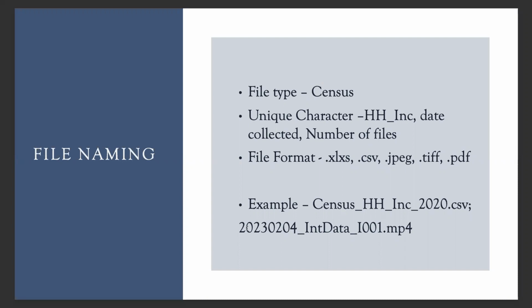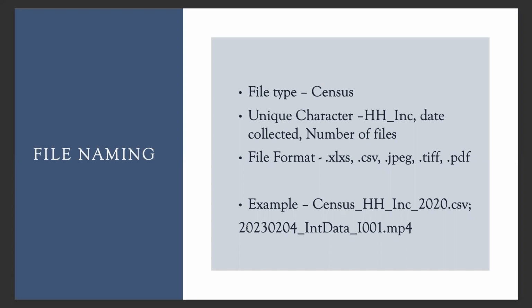And then you may also put acronyms with a number. So if you are, say, taking 100 interviews, you may need to put a number which is relevant for that interview, and you put a number to the file.